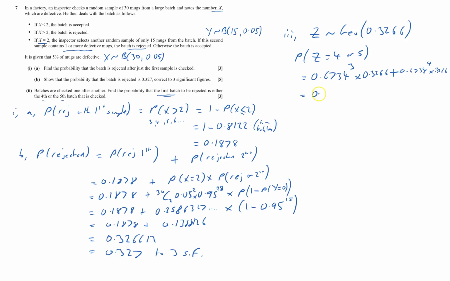That equals 0.16689, which equals 0.167 to 3 significant figures. And that is question 7 done.